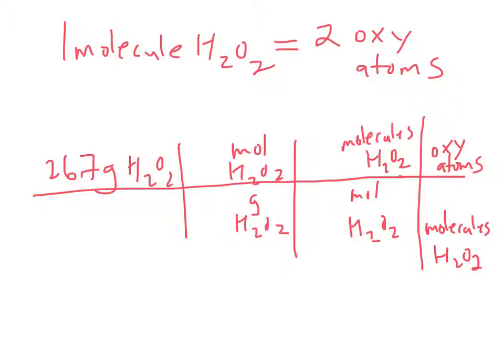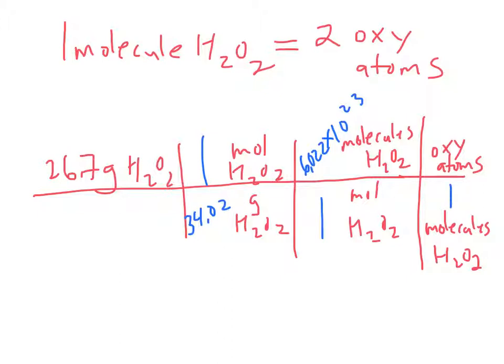Now let's go ahead and fill in what we know. This part right here, remember, is the molar mass. So the molar mass of hydrogen peroxide is 34.02 grams per mole. We also know that 1 mole has in it 6.022 times 10 to the 23rd molecules.